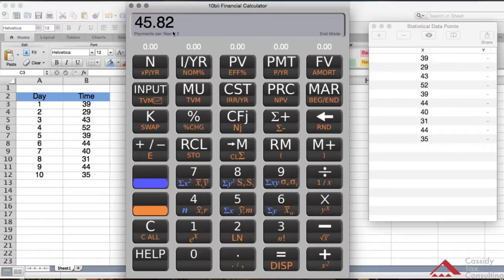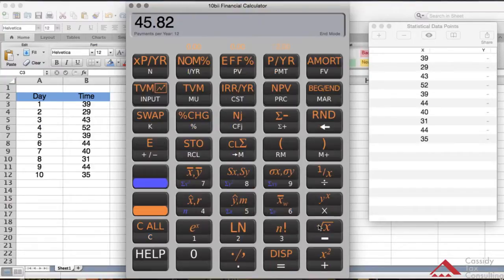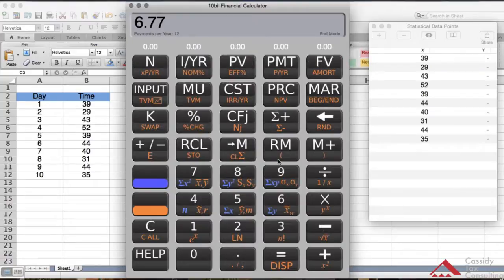Then you square root it: you hit the orange key, hit the square root, and that's your standard deviation. That's it. In my next video, I'm going to show you how to calculate the coefficient of variation for the same data set.